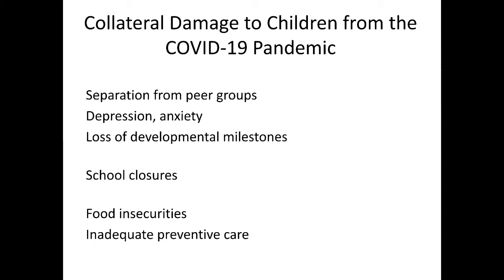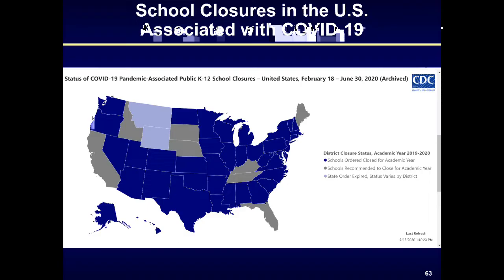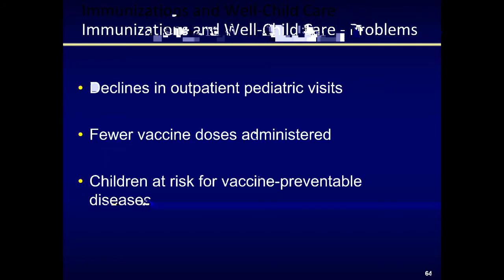In many places, schools have been closed since March. There have been food insecurities, inadequate medical attention in all kinds of ways, missing regular visits but also just preventive care. This is a CDC slide that showed public school closures across the country from the end of the last school year, and you see how widespread it is.